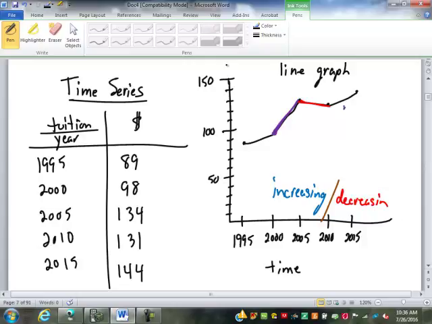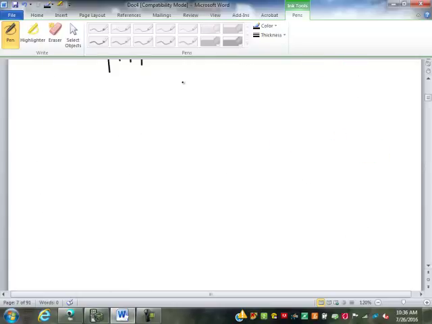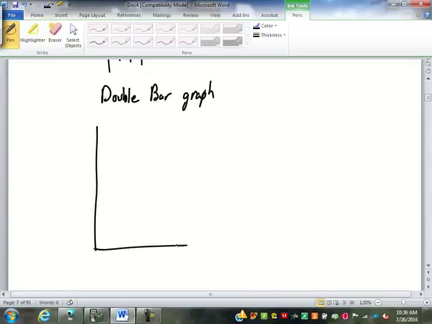Okay. Now there is something out there that can be done. You use the time series to compare over several different points in time. Sometimes used to compare either two different points in time or maybe two different companies or whatever. Something called a double bar graph. So what I'm going to show here is sales for a single company.